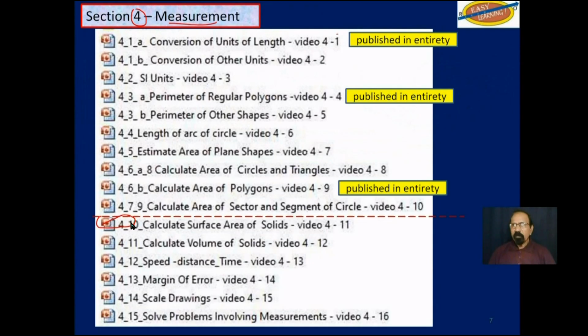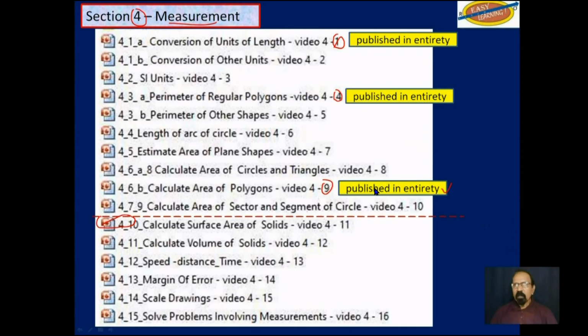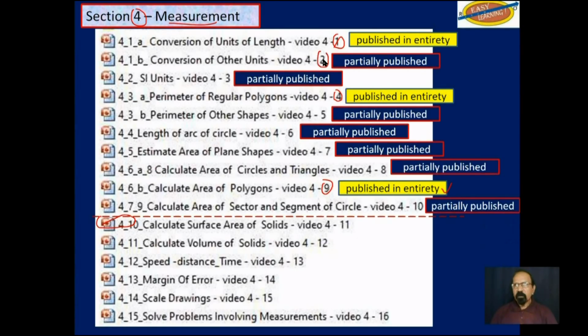So video 1 and video 4 and video 9 from section 4 have been published on YouTube in their entirety. These others, video 2, 3, 5, 6, 7, 8, and 10 are only partially published on YouTube.